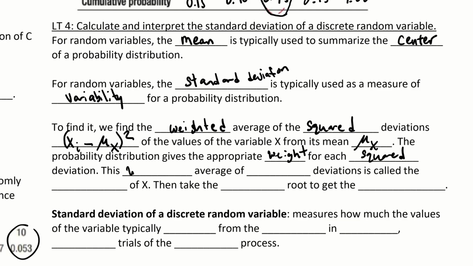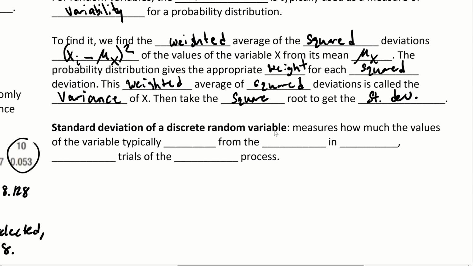This weighted average of squared deviations is called the variance of x. If you take the square root of this variance, that gives you the standard deviation. Okay.